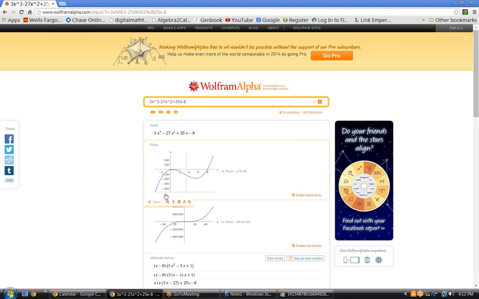Now you may have to play with the scale. You'll notice this scale, the x goes up to 8, but the y goes from 0 to 300. So you may have to rescale it to get anything that shows you the critical part of the function. Yeah.